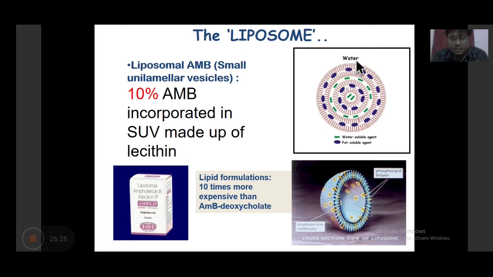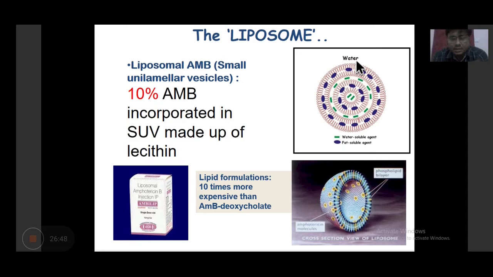So now comes the exact problem. We want to give amphotericin B to our patient. We know that our conventional amphotericin B, which is amphotericin B deoxycholate, is very, very toxic to the patient. It may cause permanent damage to the kidney. The other options we have are liposomal preparations, but they are 10 times more expensive.